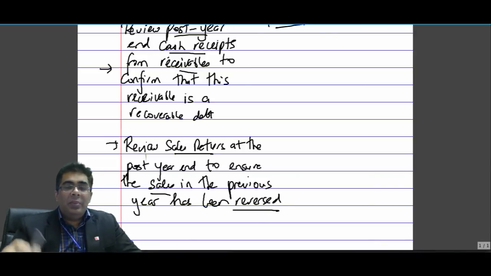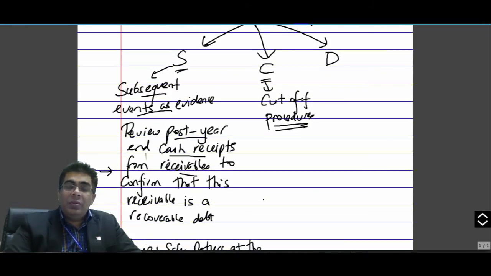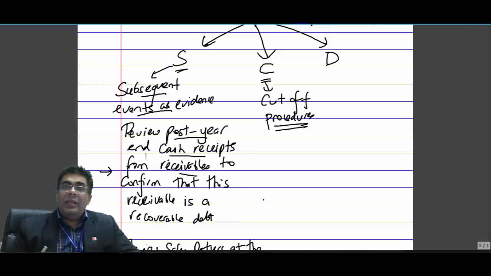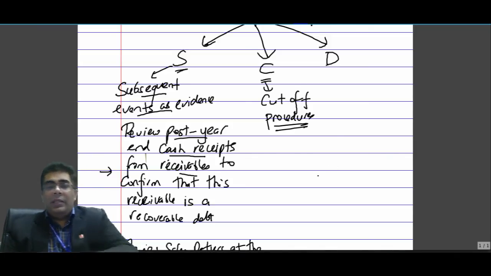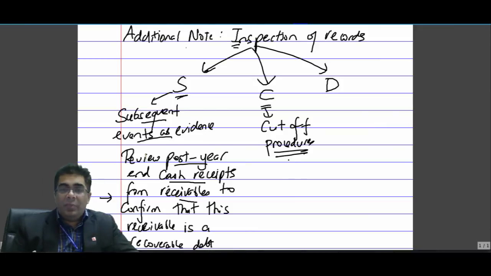So these are examples of subsequent events used as evidence by conducting those procedures. Another thing you can add to the inspection of documents is cut-off procedures.